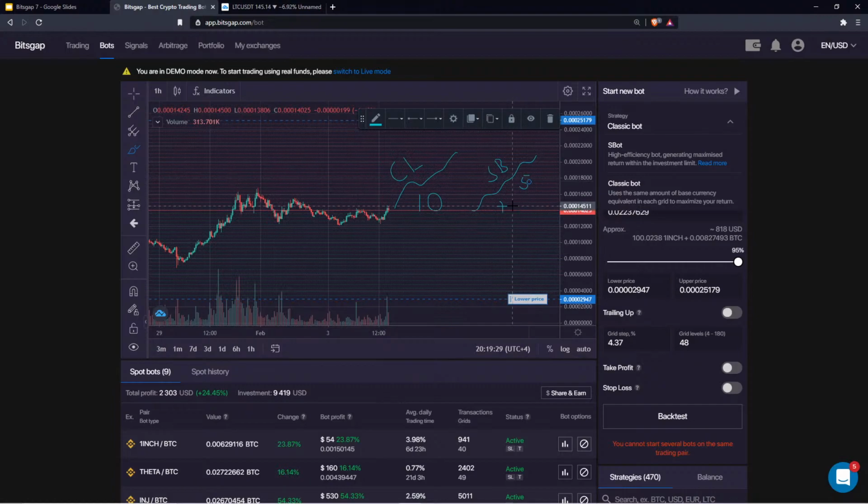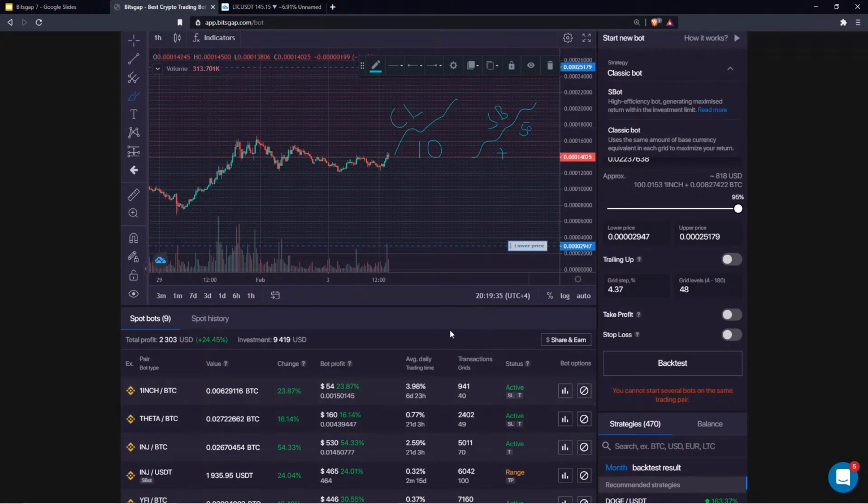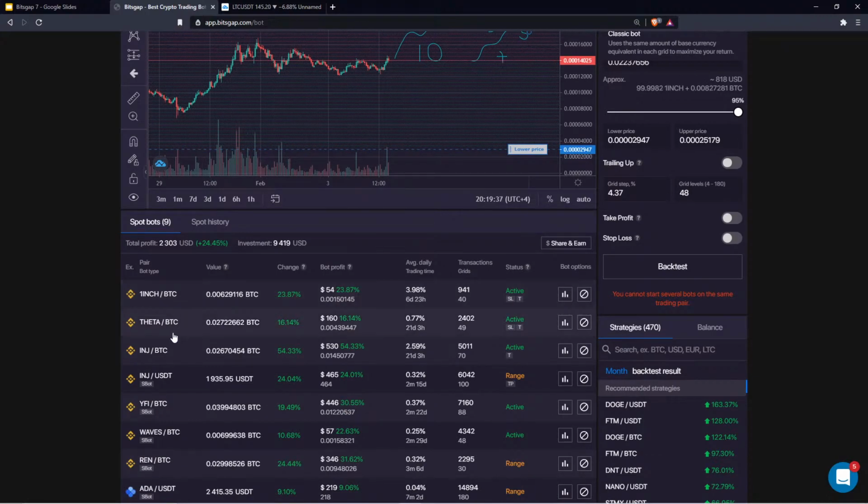That's why the classic bot, when the price increases, basically increases your exposure to the volatility of the base currency, because it buys more of the coins as the price goes higher compared with the SBot. Whereas the SBot just makes sure that it spends the same investment per each grid level.